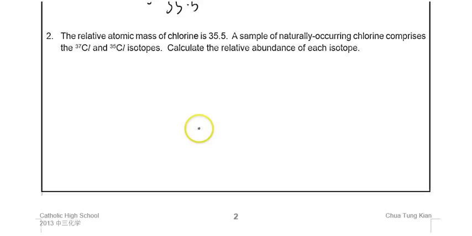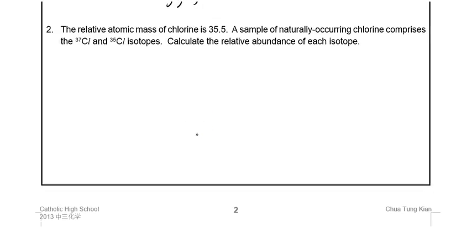If we work the other way around, given that the relative atomic mass of chlorine is 35.5 and there are two isotopes occurring in nature, what is the relative abundance of each isotope? So we let one of them be X first.